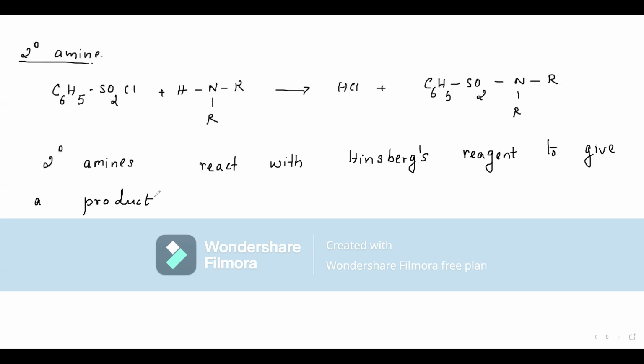Remember, if only possible, N,N-dialkyl benzene sulfonamide. It gives a product which is insoluble in KOH solution. So, primary gave a product which dissolved in KOH. Secondary gives a product which is insoluble in KOH.